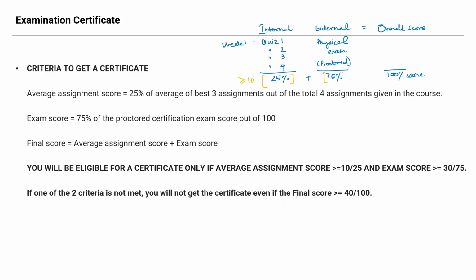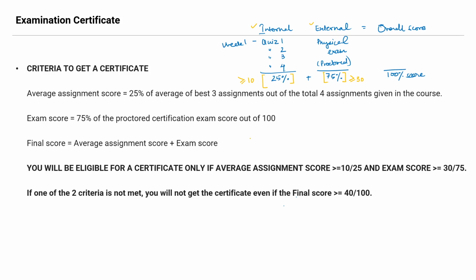And for the proctored examination, it needs to be more than or equal to 30. Okay. So it is not a possibility wherein you score 5 here and then you score 50 here and then you get a score of 55. Still you won't get a certificate, right?